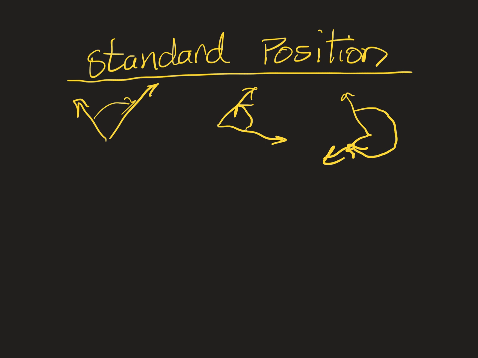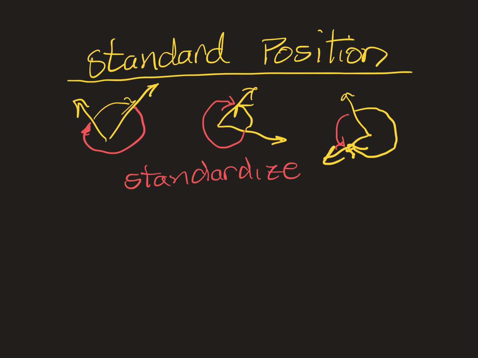Plus, whenever you draw an angle, oh my gosh, look at this. You could have gone two different directions and got exactly the same terminal side. So what mathematicians do is they standardize things. We've got to have a place where we start and we understand that's the base place to start.